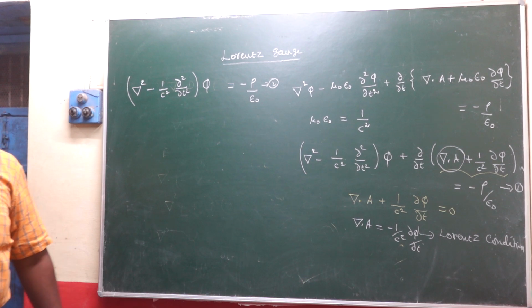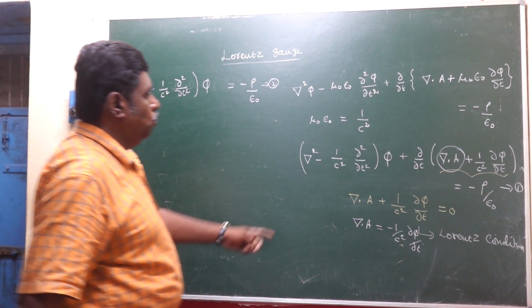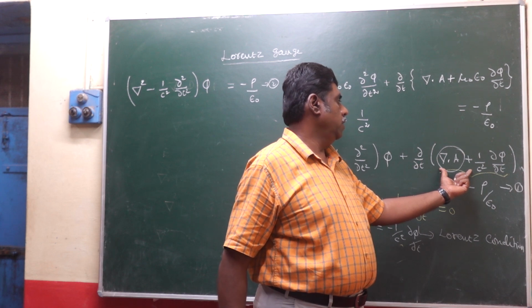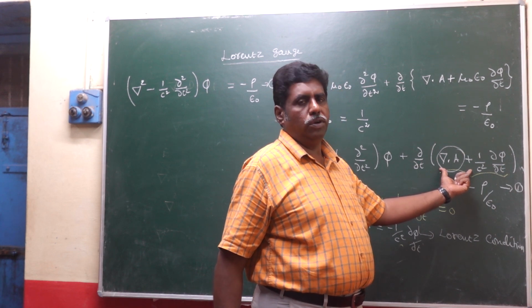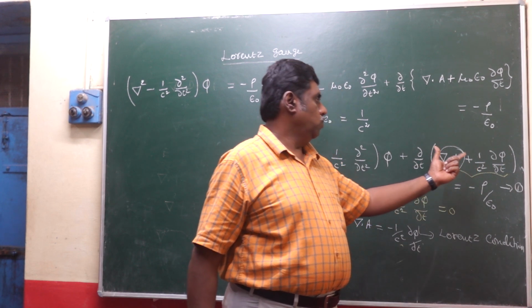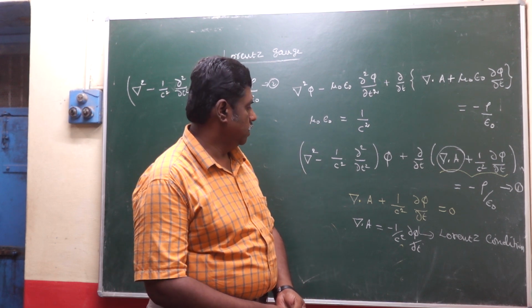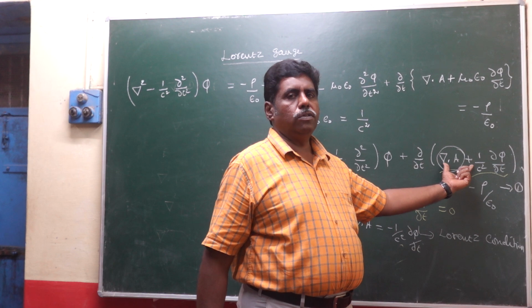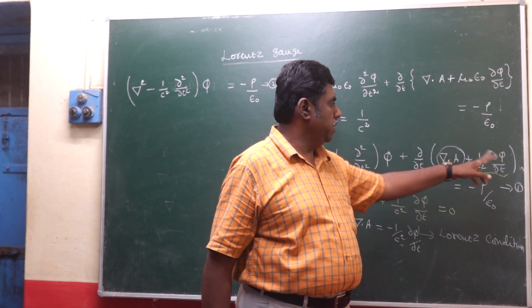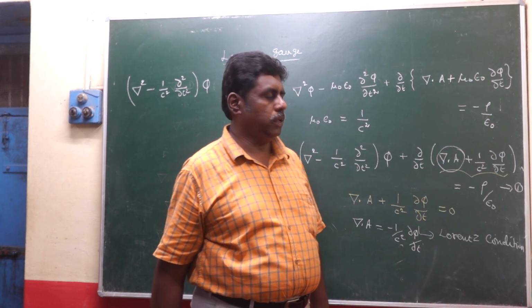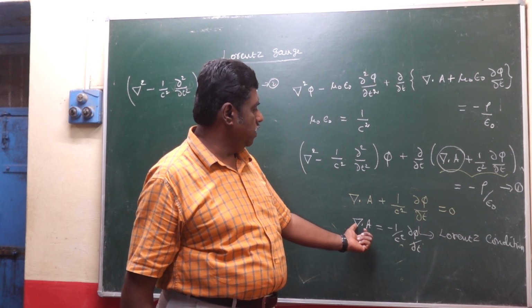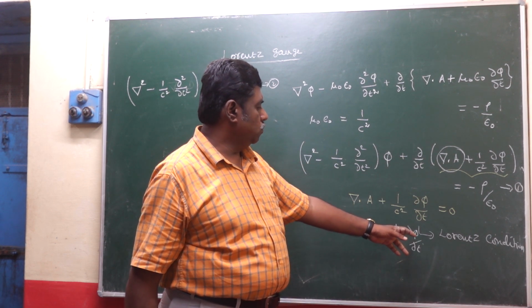See here, in equation 1, this is our div A plus 1 by c square dou phi by dou t. If equation 1 satisfies the Lorentz condition, this could be equal to 0, which means that div A equal to minus 1 by c square dou phi by dou t.